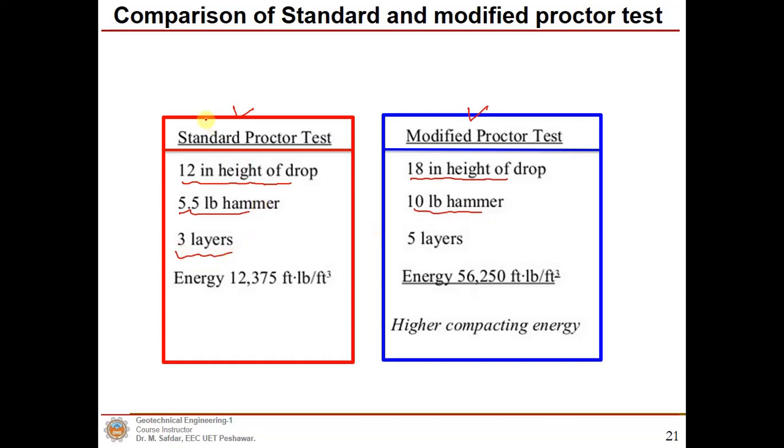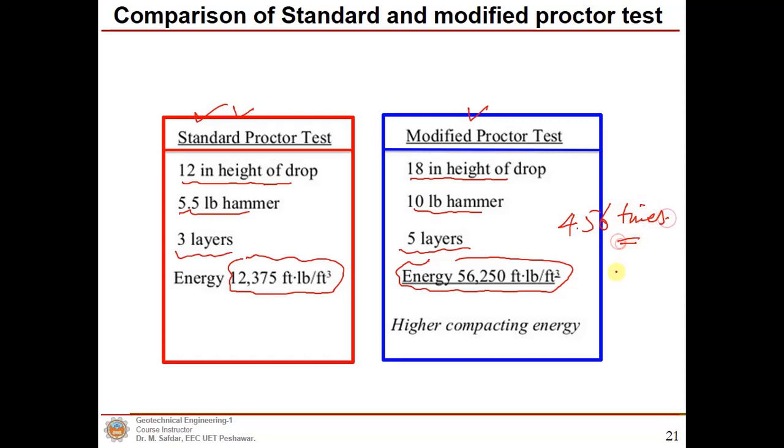In the standard Proctor test the soil is compacted in 3 layers, and in the modified one, 5 layers are needed. Energy transfer, as we calculated in our previous slide, is approximately 12,375 foot-pound per cubic foot, and the energy in the modified Proctor test is approximately 4.6 times greater than the standard Proctor test, to simulate the higher compacting equipment used in the field.